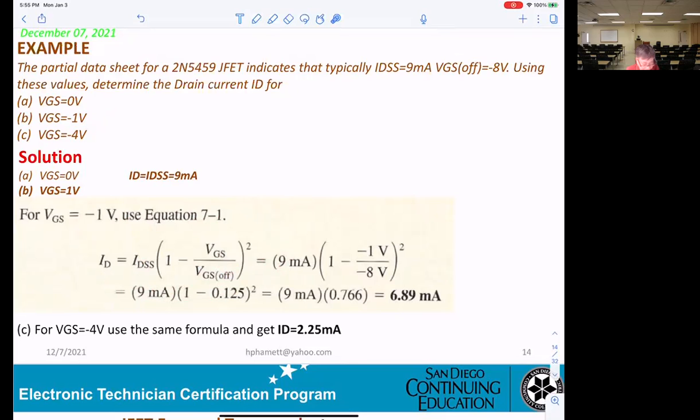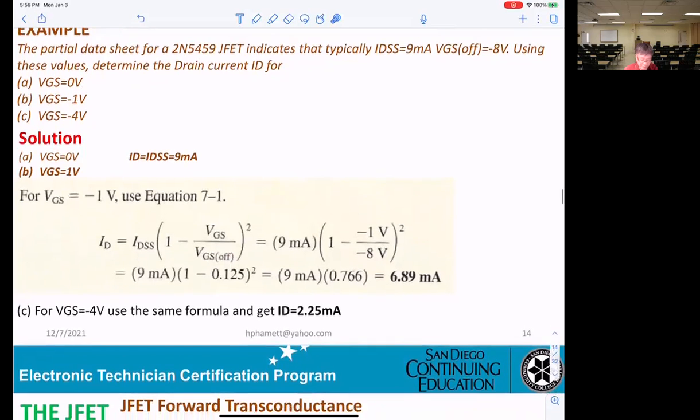And do the calculation, you can get the answer. If you get a VGS, then you're able to calculate the current ID by the formula IDSS times (1 minus VGS over VGS off) squared. Not much of an equation, okay?